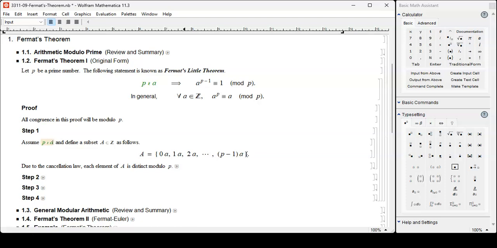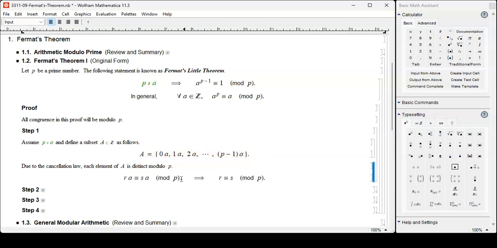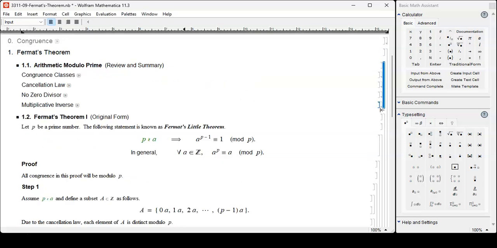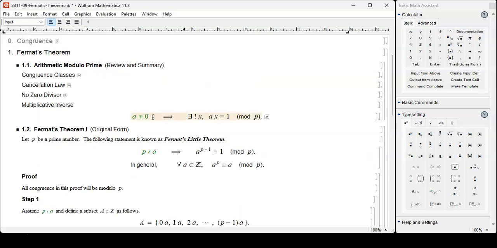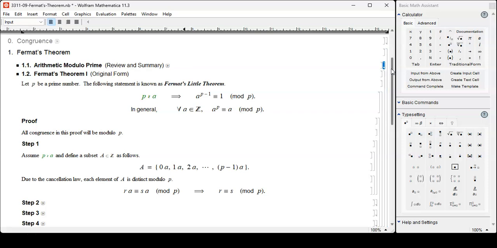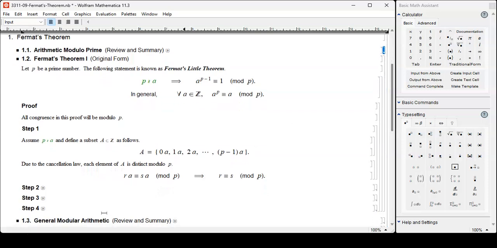Under that assumption, it turns out these are all distinct mod p. Why? If any two of them are the same, ra and sa are the same mod p, then the cancellation rule applies because p does not divide a, or equivalently, a is non-zero mod p. So cancellation applies, so we have r is congruent to s mod p.